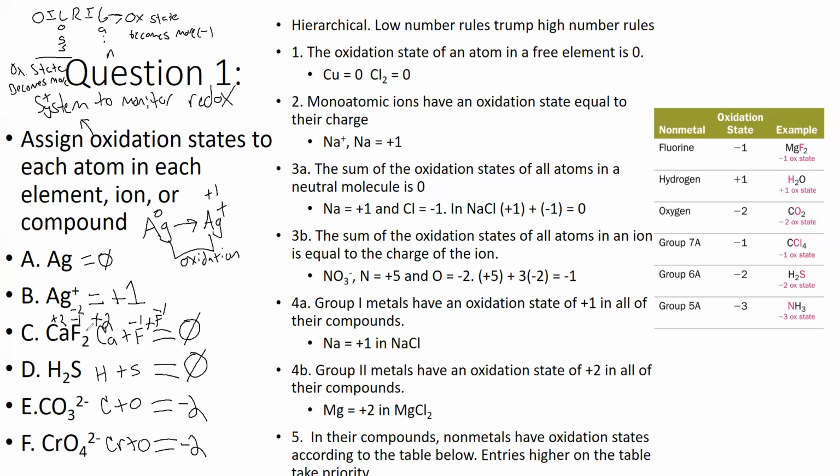A lot of people will add these together, and on the test, a question could be, I give you CaF2, and I ask you, what is the oxidation state or oxidation number of each element in CaF2? And people might put Ca is +2, F is -2, which is incorrect. F is -1. You just have 2 of them. So Ca is +2, F is -1.